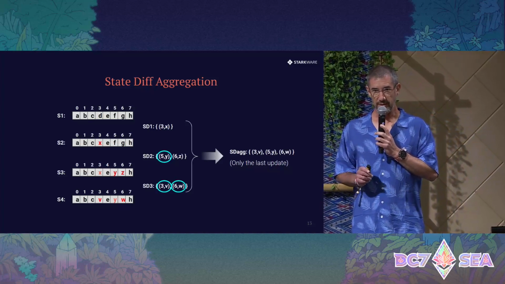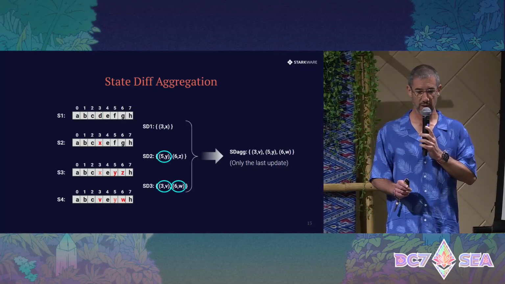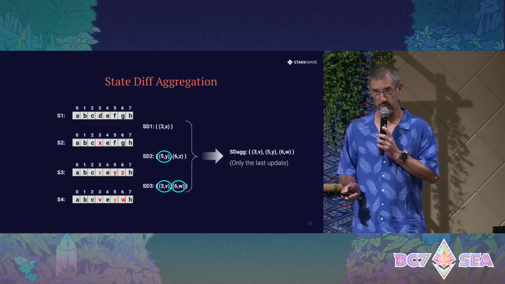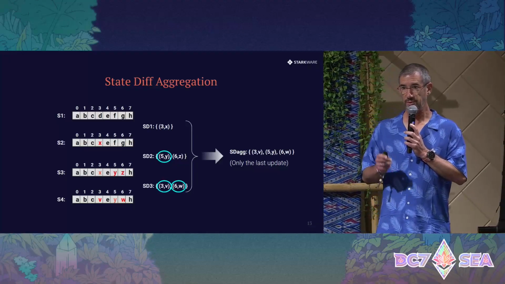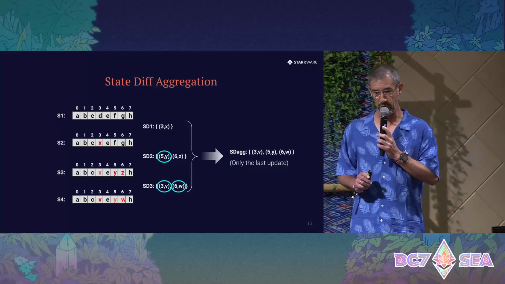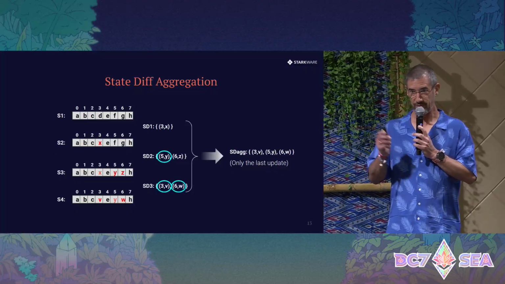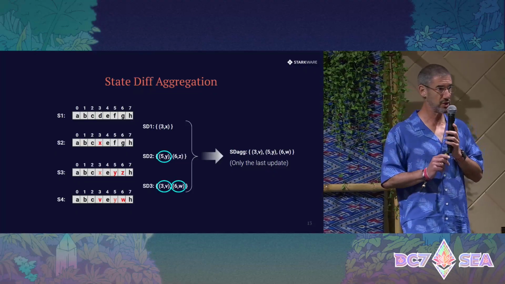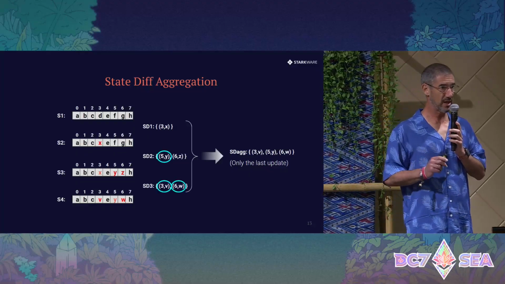But if you look at the resulting state diff between S1 and S4, there are only 3 changes. So there's no reason to transmit 3 state diffs with 6 changes, as in this example. So one of the things that we can do in the squashing proof, this final step of applicative recursion, is joining the outputs together into a single, more concise output.